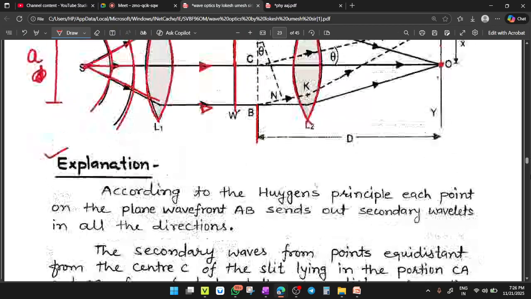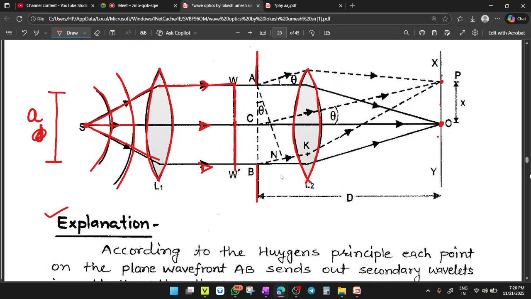Yes, what do these lines mean? See here. Now you can consider this one as the source. From these two positions, the secondary wavelets that are focused at O will have to travel the same distance.